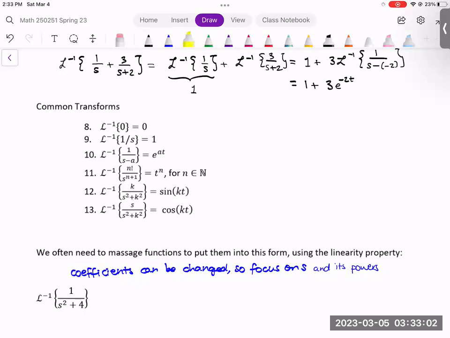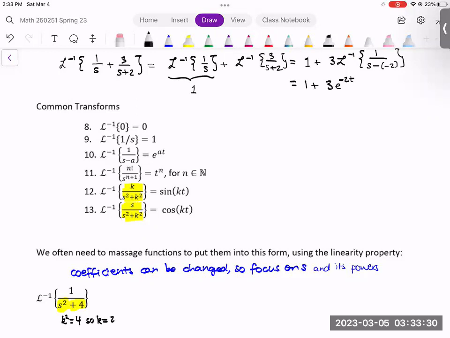And I hope you were thinking along the lines of either this s over s squared plus k squared, or k over s squared plus k squared. The first thing you want to focus on here is that you see this s squared plus a constant. So here our k squared is going to be equal to 4. So k is 2.